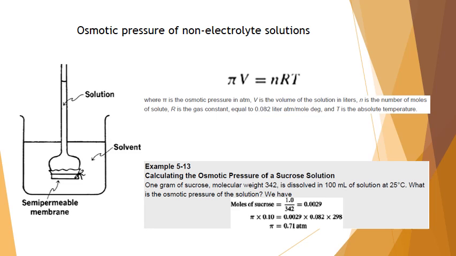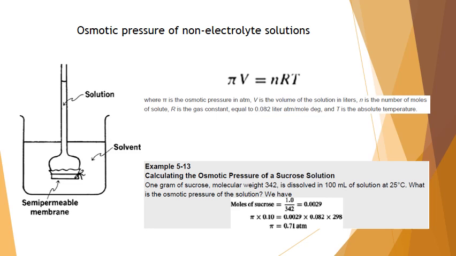Now, if we want to give an example for this, example 5.13 is the calculation of the osmotic pressure of a saccharose solution. Now, imagine that we dissolved 1 gram of sucrose. The molecular weight is 342 grams per mole.